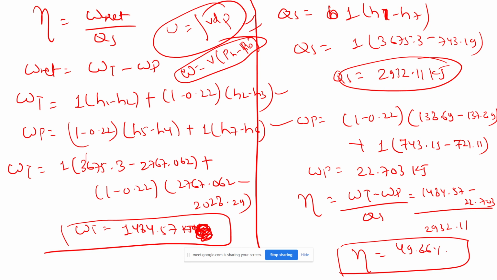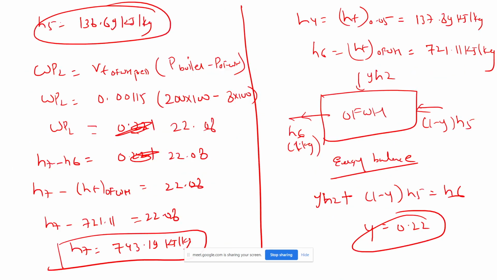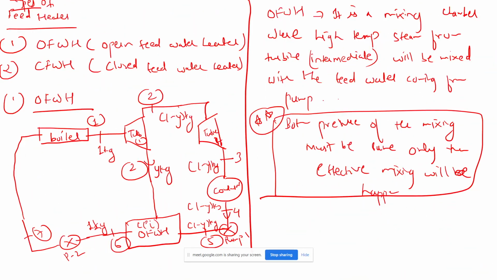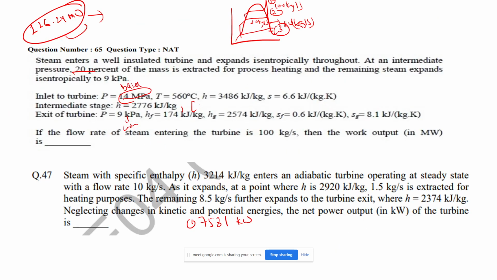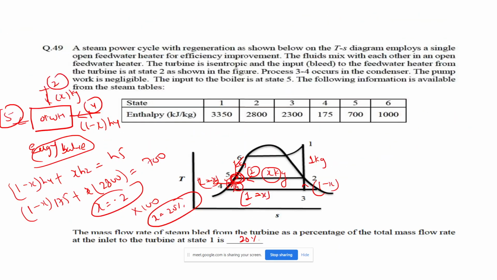I've already shared the type of question they have asked in the exam. This is the simple question they ask. In the engineering services exam there are fewer questions, but the syllabus is very vast. Suppose in the GATE exam, in power plant they only ask questions from gas turbine or steam turbine cycles.